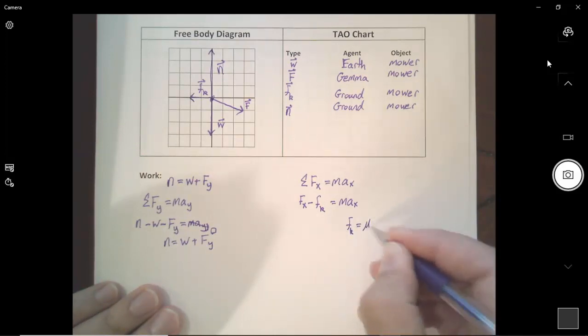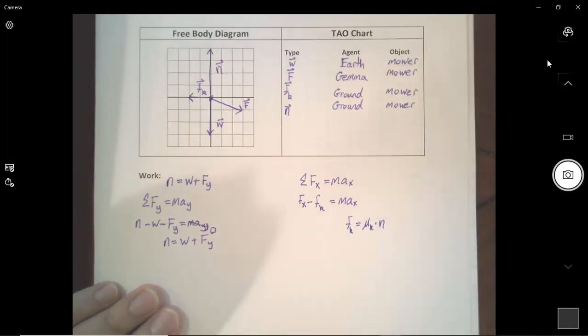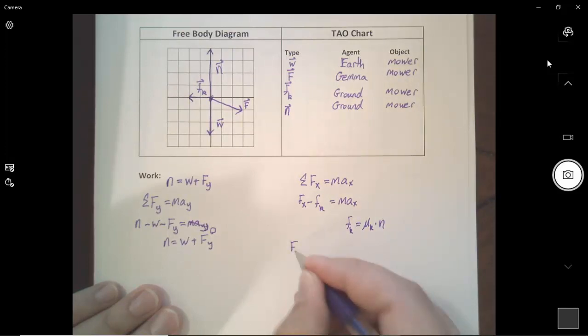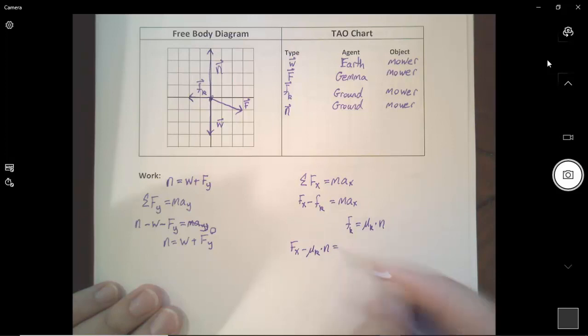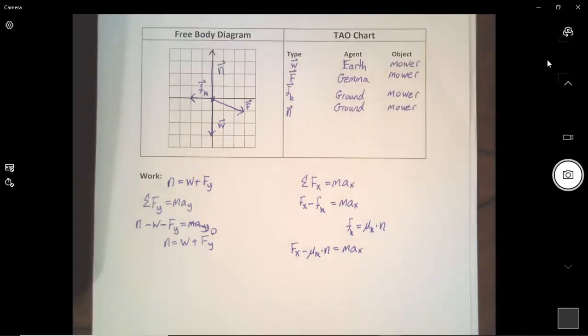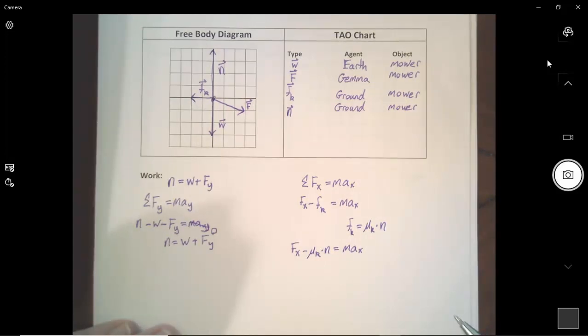Now, we know from our equation sheet that fk is equal to mu_k times N, the coefficient of friction times the normal force. So we can substitute that in. We're working our way towards solving for a_x, but there's several things we can plug in here. We can either substitute in for N here, or we can go ahead and plug in our trig equations for Fy and Fx.